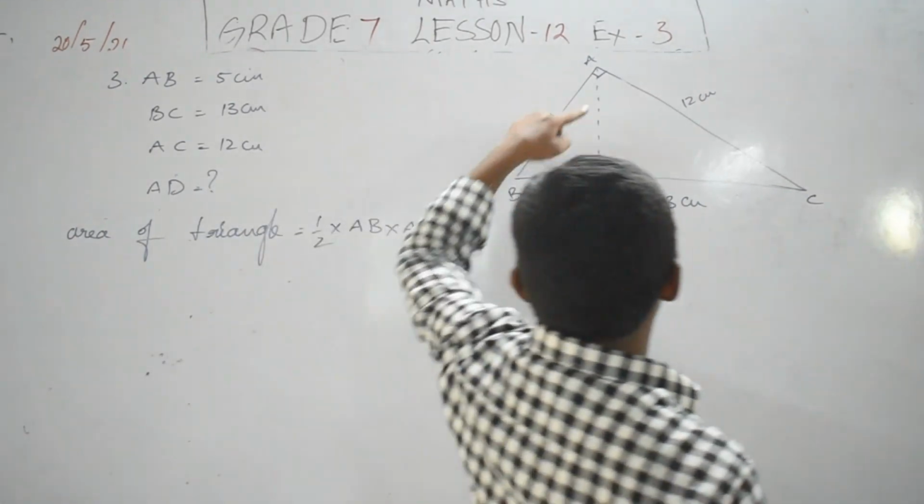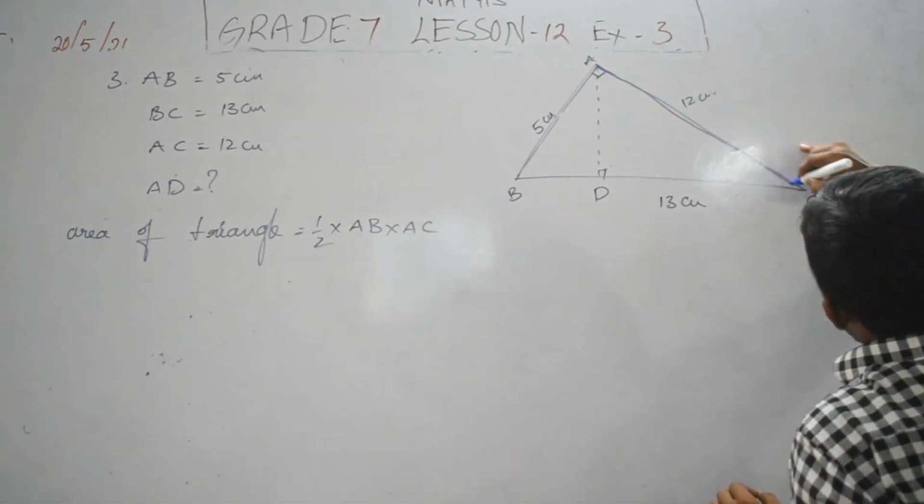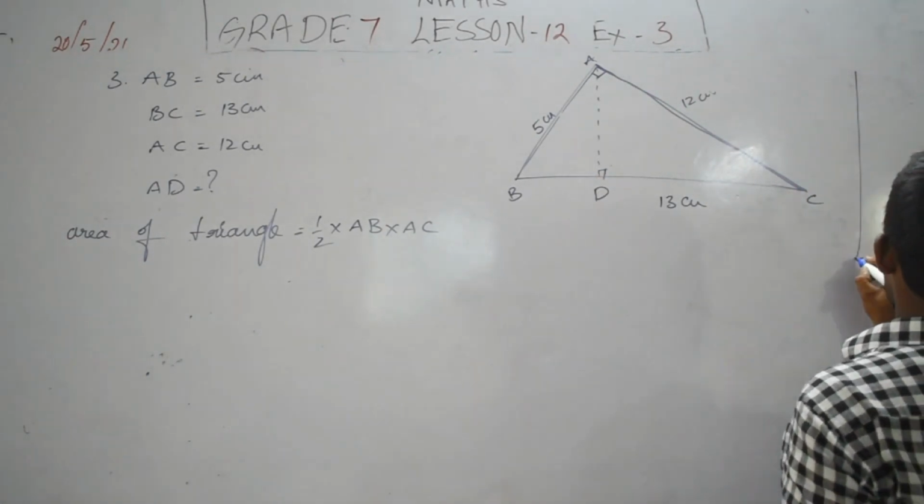See, this is the base, this is the height. Why? This is a right angle triangle. This is like given there.